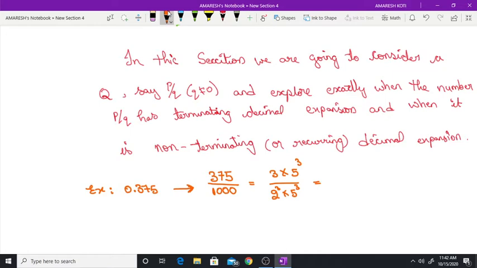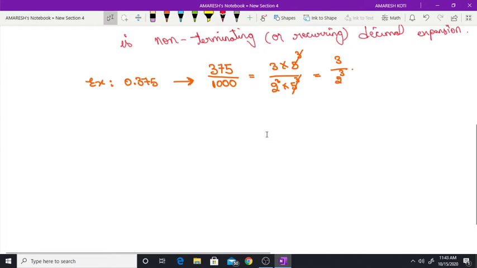Now after doing division, 5 cube will get cancelled. Then we get 3 by 2 cube. This is a terminating decimal.